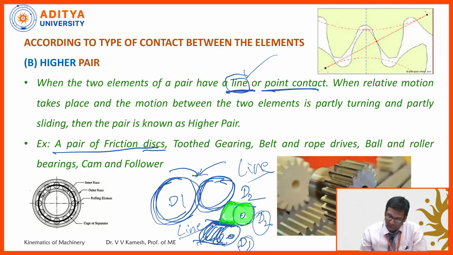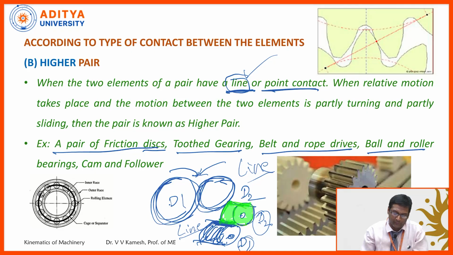And you can see on the right hand side, I am having a rack and pinion arrangement here, that is called toothed gearing. Belt and rope drives, ball and roller bearings, cam and follower, all of these will have either line contact or point contact, right. Remember one thing, just look at this pen. Suppose this pen is the follower.